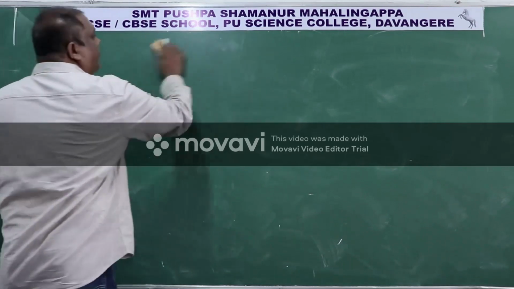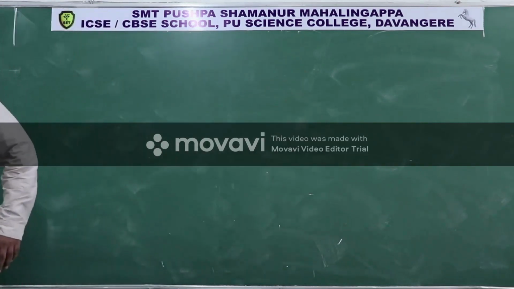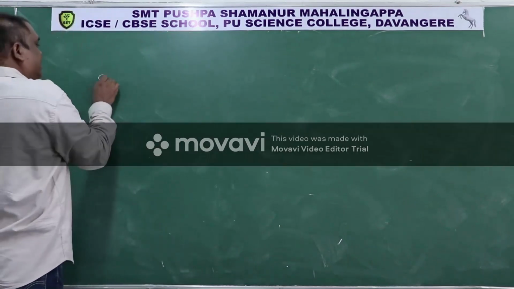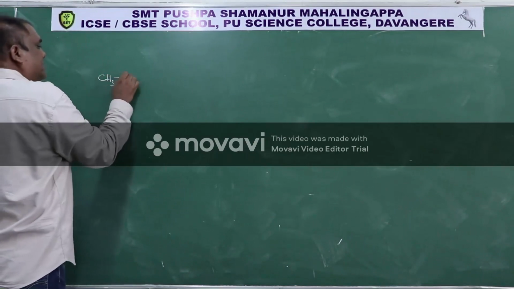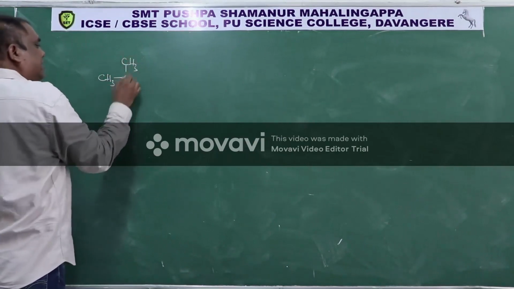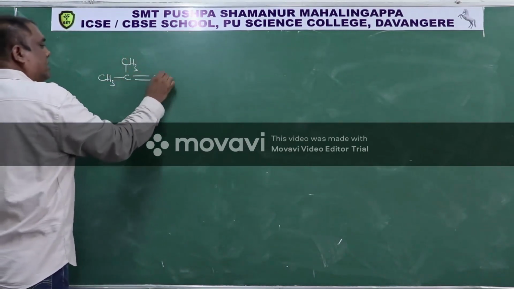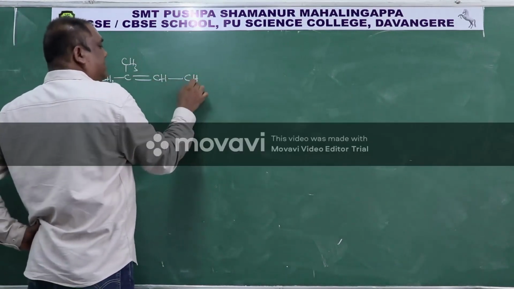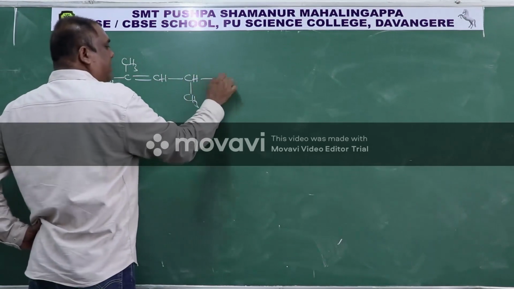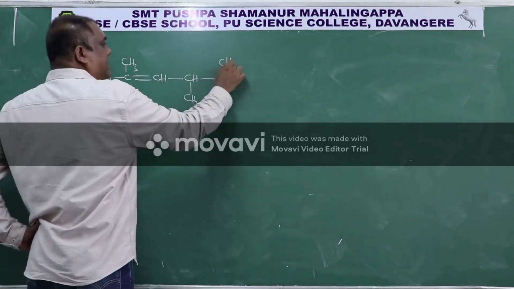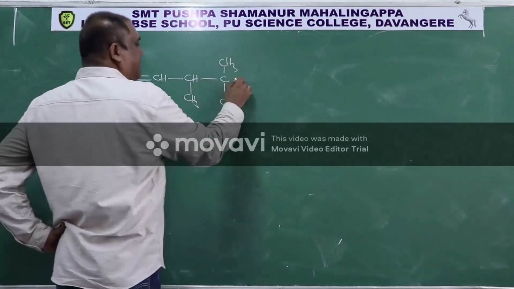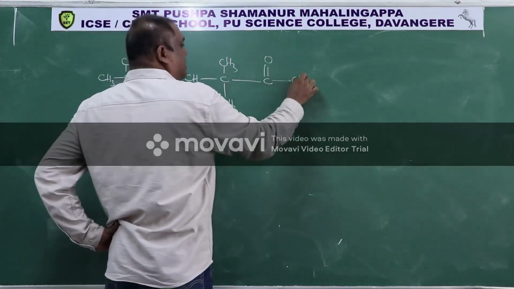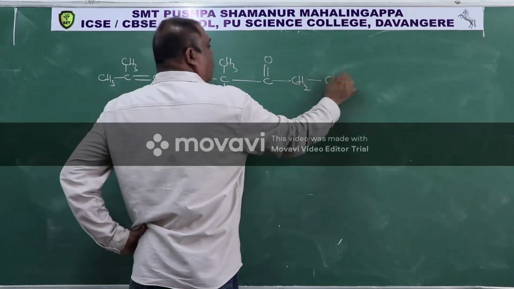So let me take a structure like this: CH3, C, CH3, double bond, CH, CH3, then C, CH3, CH3, then C double bond O, CH2, COOH.